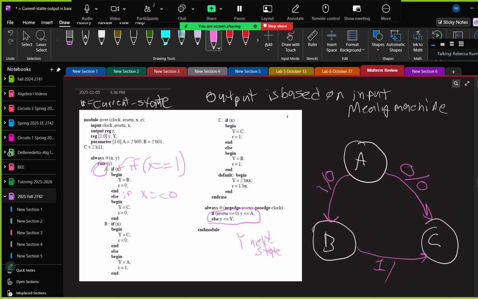And my output is 0. Else, and I'm right here in the code, this is if x equals 0, my next state is A, and my output is 1.